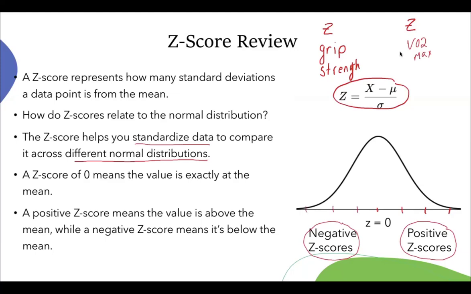And generally, our z-scores fall between -3 and +3. On occasion, they will be greater than +3 and less than -3, but this is rare. It occurs less than 0.3% of the time. Okay, so that's what we know already about z-scores.